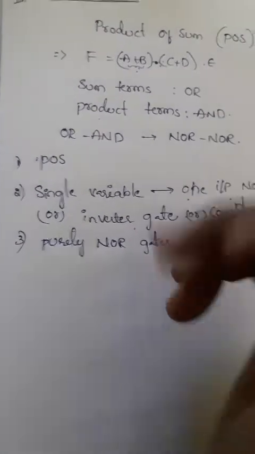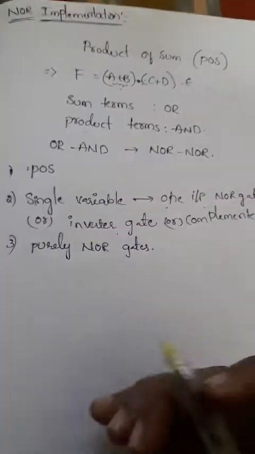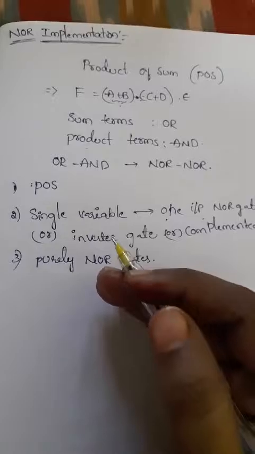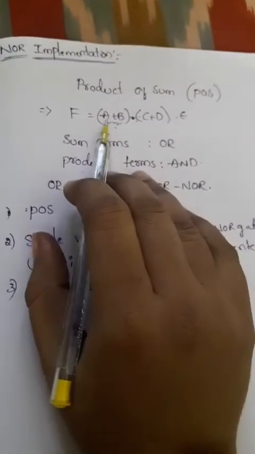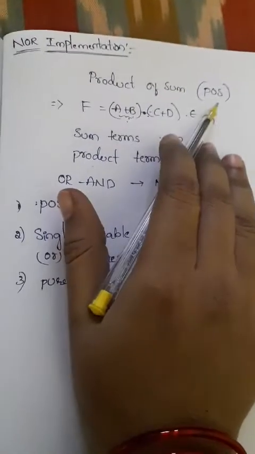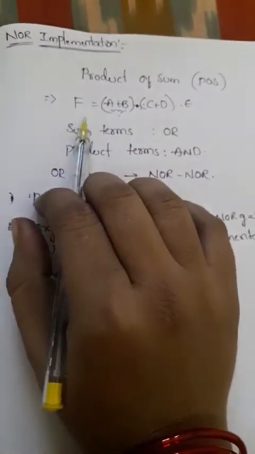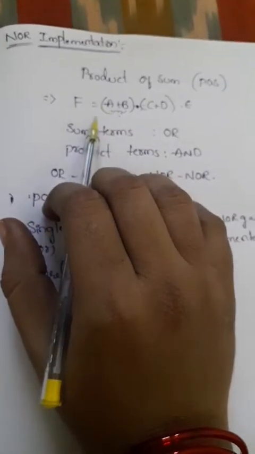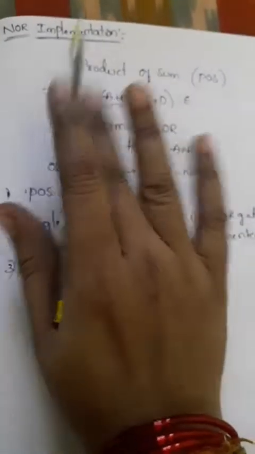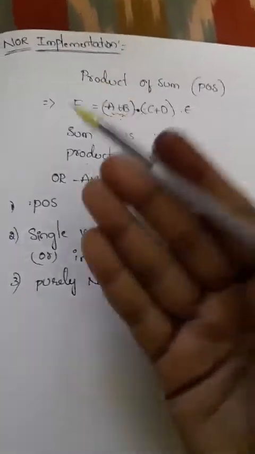One more very important rule: if any expression is in the form of SOP, we cannot simplify that SOP form directly in NOR implementation.